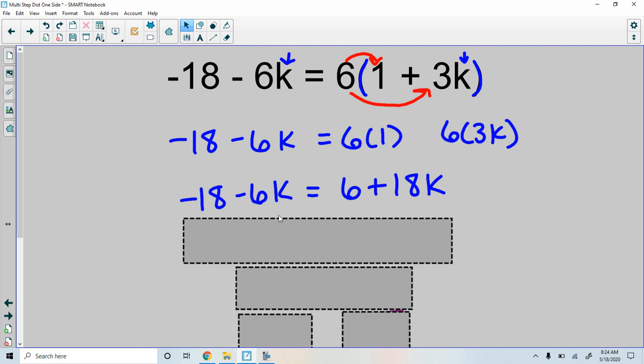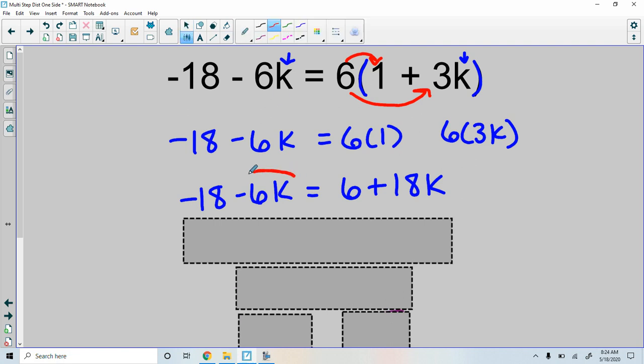And now we can start solving for k. What I like to do is I move all the numbers without letters to one side and all the numbers with letters to the other side. Whenever you move something to the other side of the equal sign, it changes its sign.